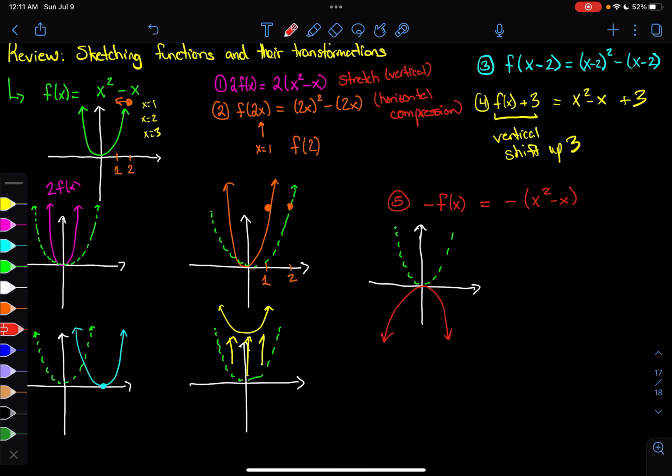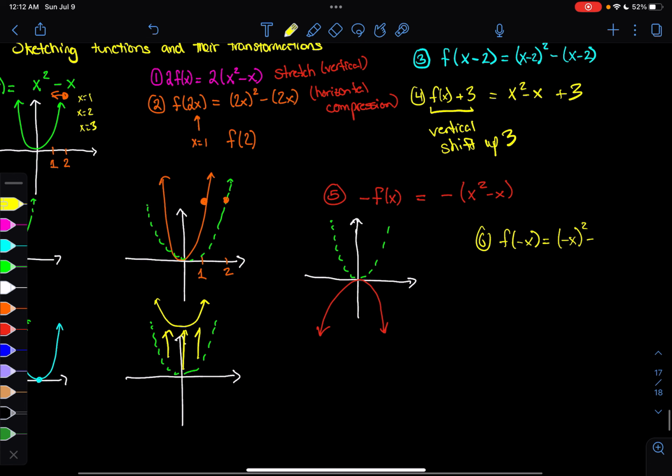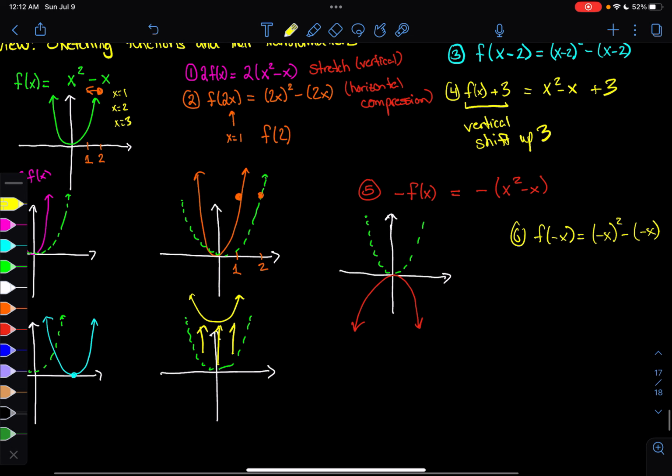Okay. The last one, which I'm not going to draw, but is what happens if you have f of negative x, right? So if I put in a negative x squared minus negative x, right? If I plug in negative x for everything, and this right here results in a flip over the y-axis, okay?